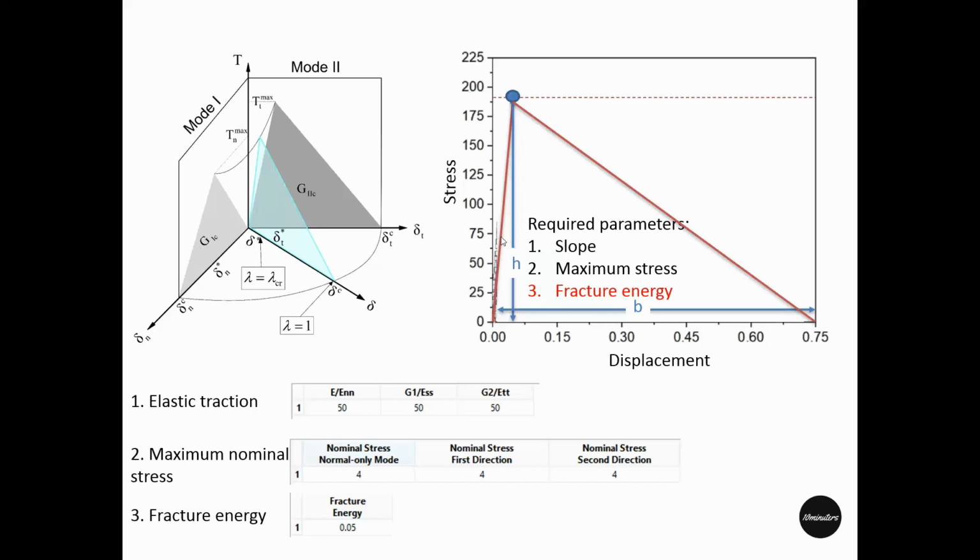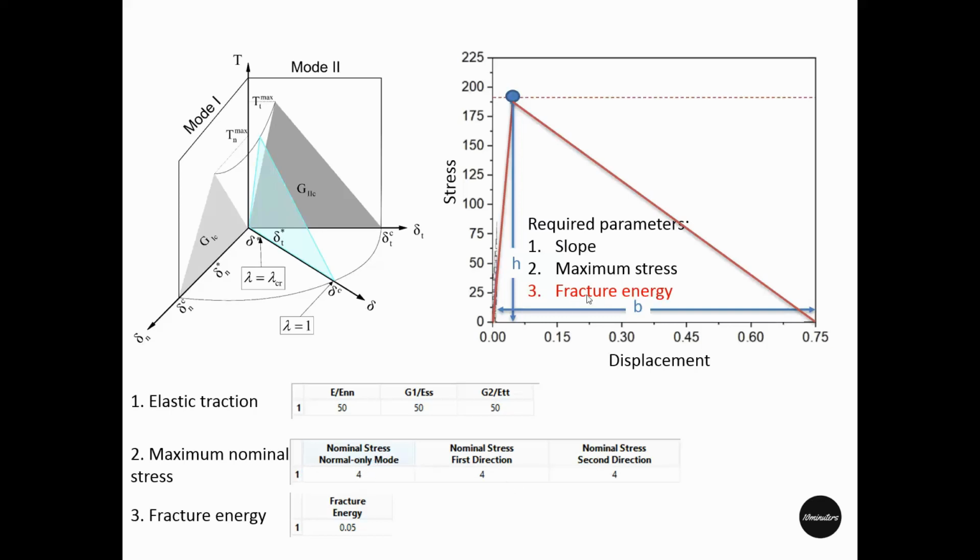In software like Abaqus, we can define the slope for the three modes as three elastic tractions. Notice that they can be different or they can be the same. Then you can define the maximum stress for different modes. Here the maximum normal stress is defined to be equal in all three modes.